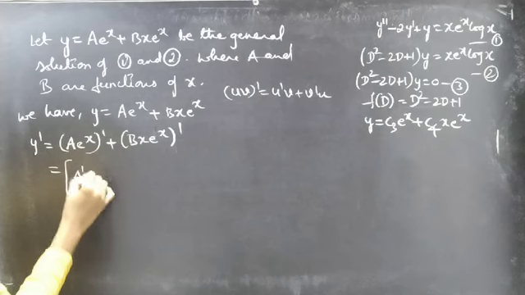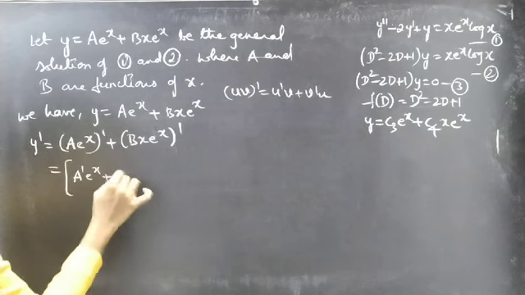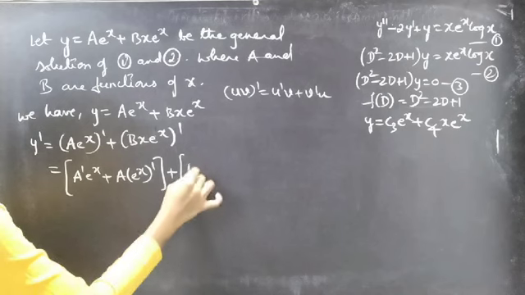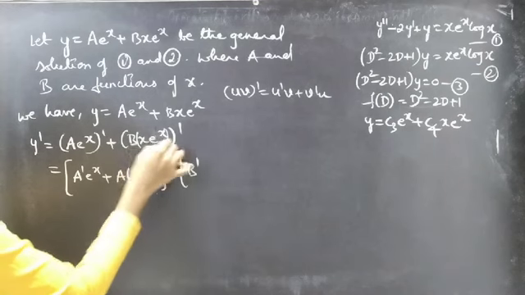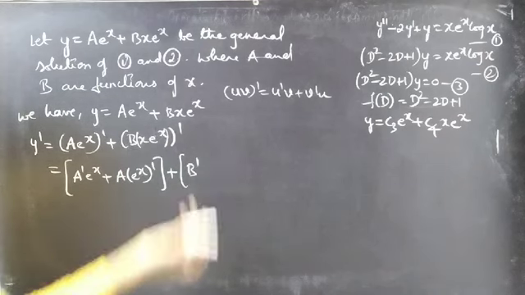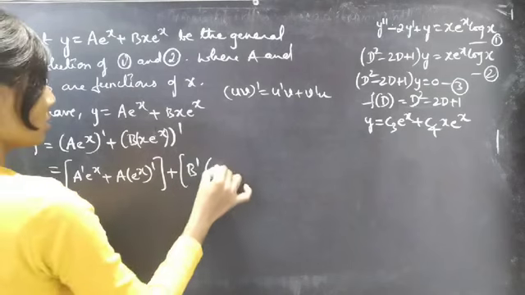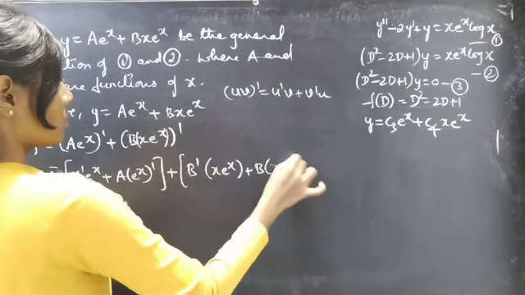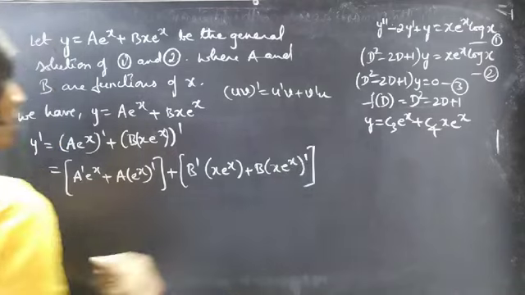We'll get a dash e power x plus a into e power x whole dash plus b dash, considering b as one term and x e power x as another term for our convenience, plus b into x e power x whole dash.